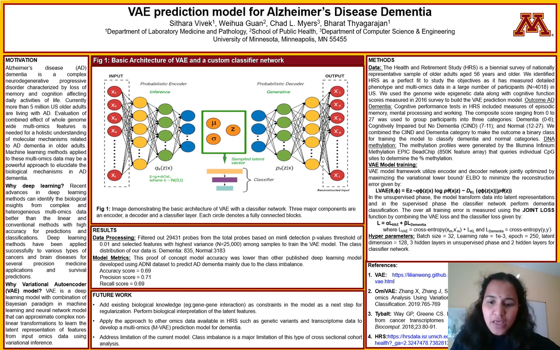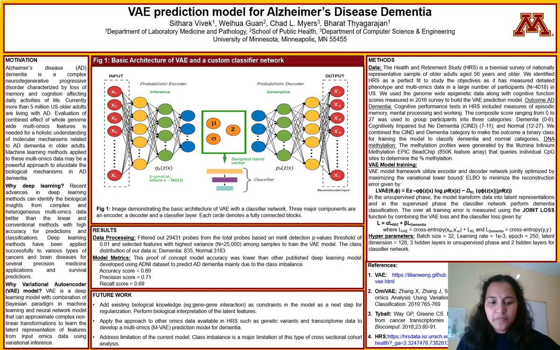Among the 850K feature array, we plan to employ various feature selection processes based on the variance measured among the features across samples, and also by defining the association of these features with dementia.